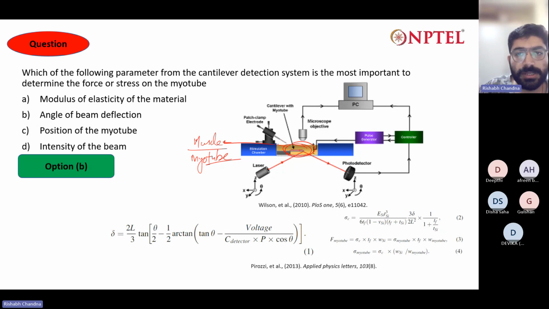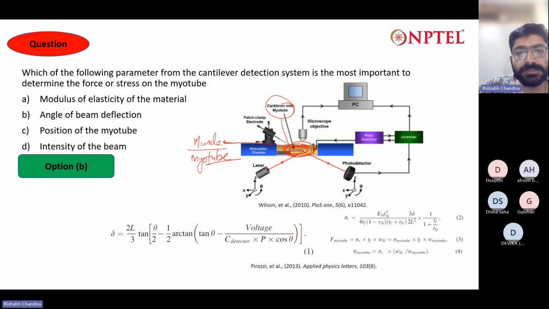Now, this is the cantilever on which the myotube has been placed. This is the microscope objective which you can see and use to place the cantilever. Because this is a small cell, we require some visual machinery also to place the sample very carefully.